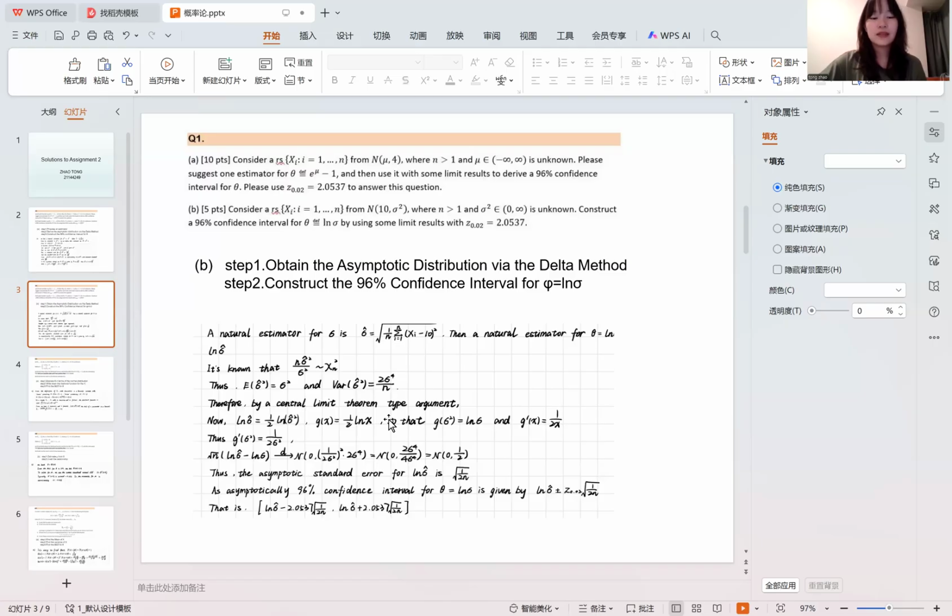Thus, by the delta method, we have this one. So, this tells us the asymptotic standard error for ln sigma hat is this one. Now, we can use the same way as part A to find our confidence interval. The result is this. It's very clear, okay.